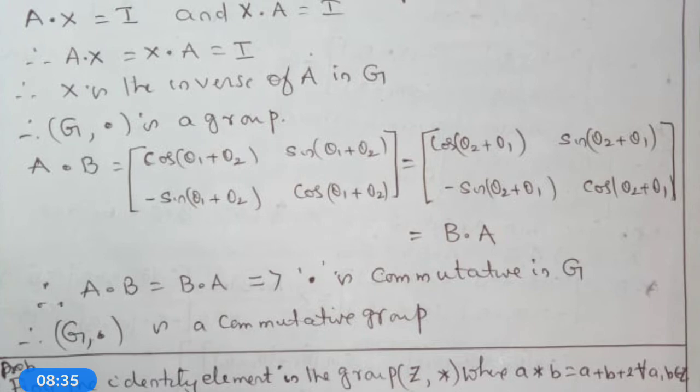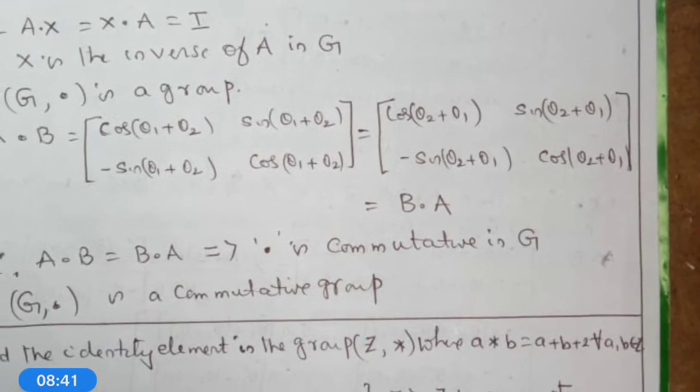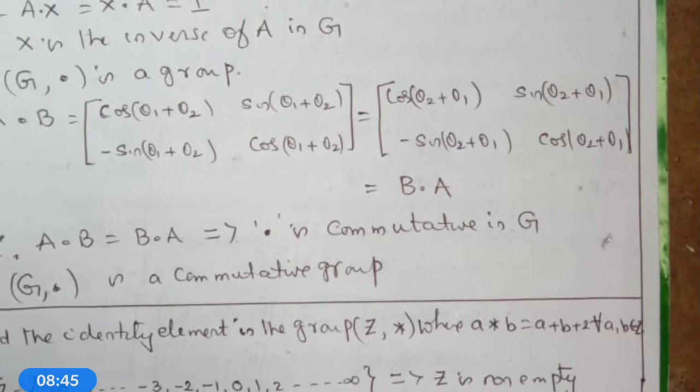Now, A · B is equal to [[cos(θ1 + θ2), sin(θ1 + θ2)], [-sin(θ1 + θ2), cos(θ1 + θ2)]]. It can be rewritten with θ2 + θ1, because θ1 + θ2 is the same as θ2 + θ1.